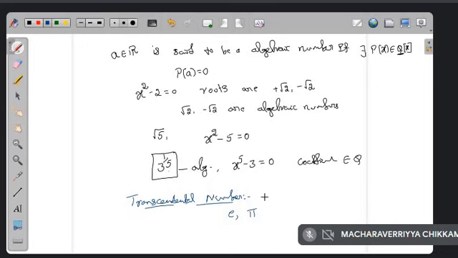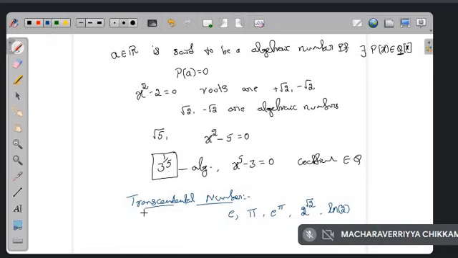And there are some other numbers like e power 5, root 2 to the power of root 2, and similarly ln 2. These are all transcendental numbers. You cannot find a polynomial with rational coefficients for which these are roots.